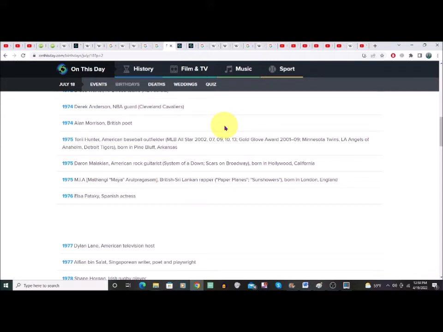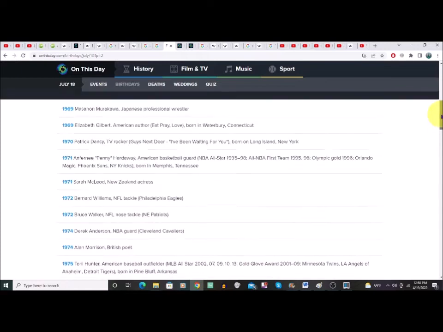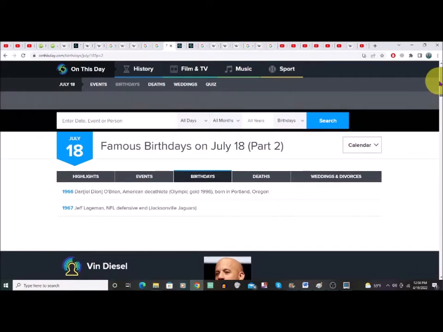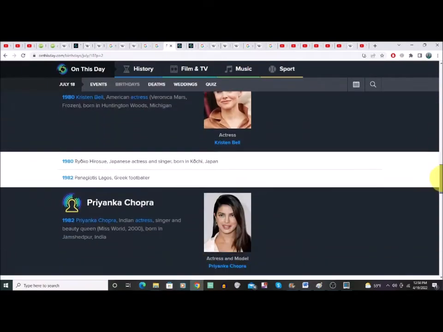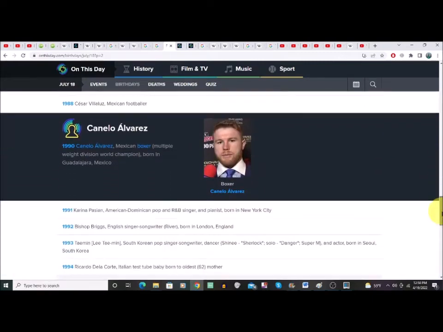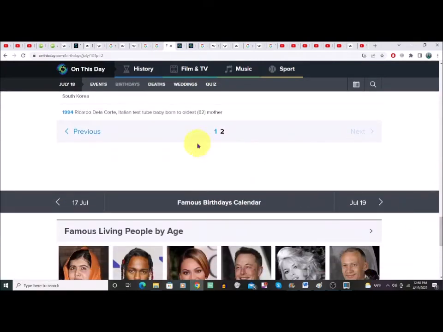Okay, so we're going to look at those birthdays that fall on that day. I'm going to whiz through them really quickly, because you can do all this for yourself now. You can look up birthdays and put in the comments, and I'm just going to skim over them for the people that can't be bothered to look it up themselves.